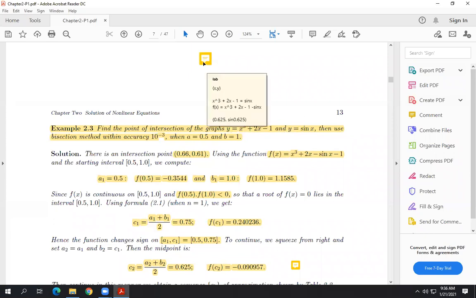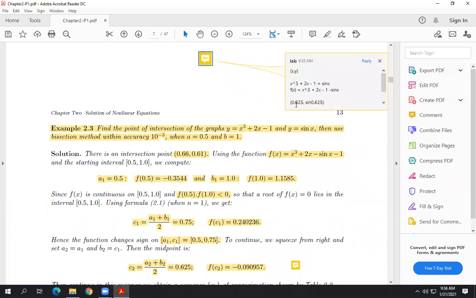So what is the answer? The answer is 0.625 for x and sine 0.625 for y. You use a calculator, find the value of sine 0.625 in radians, and then you have the answer. You got that point? This is a very good example from the examination point of view, please.